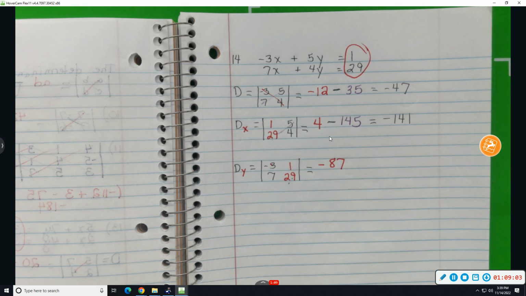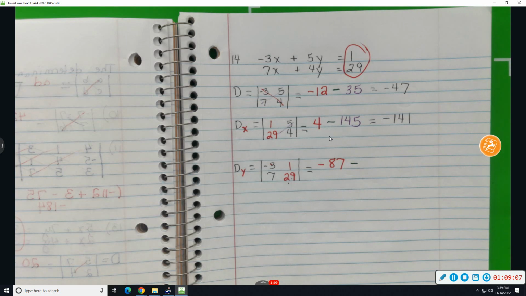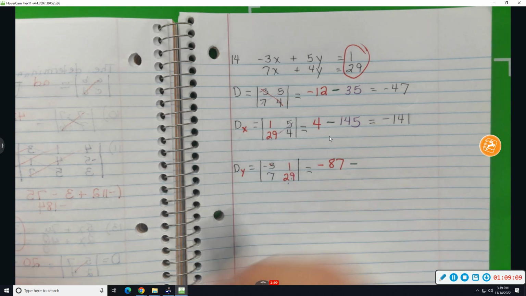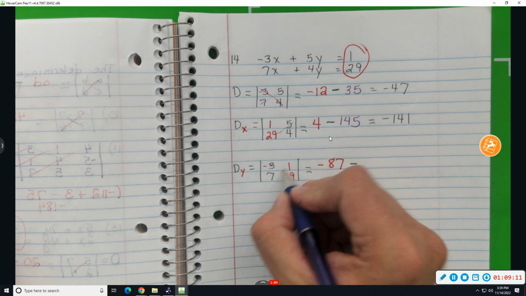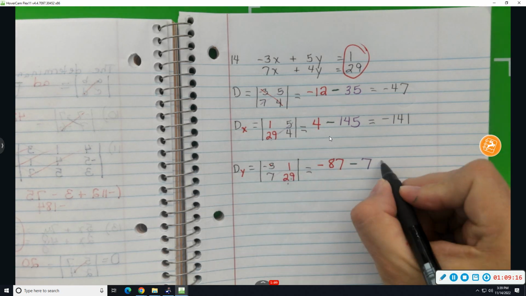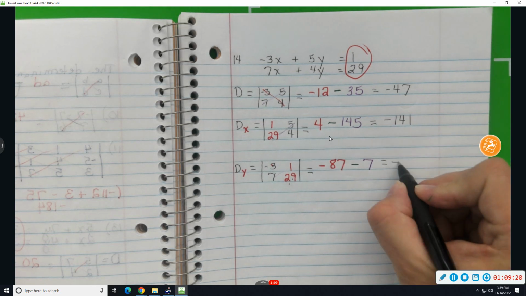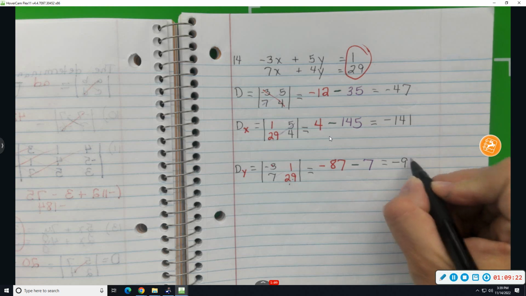Good. Then a minus. Don't help me on this next one, I can do it. 7 times 1. Is that a 7? So let's see, what are we getting here? Negative 87 minus 7. Is that a negative 94?